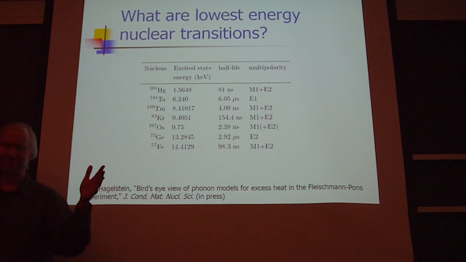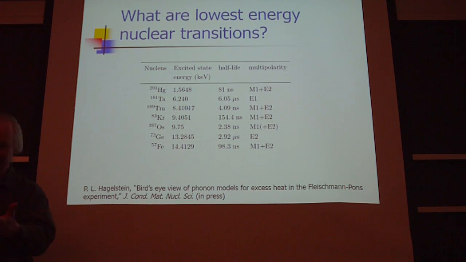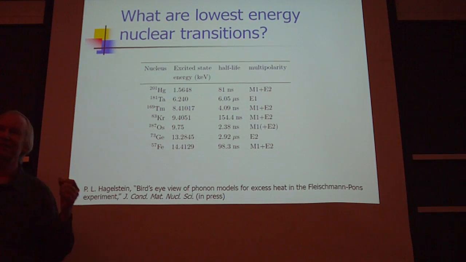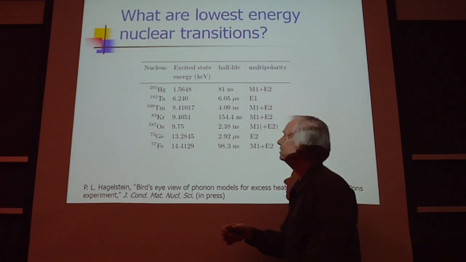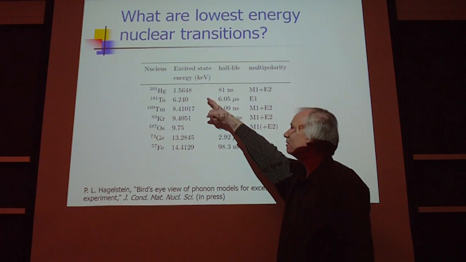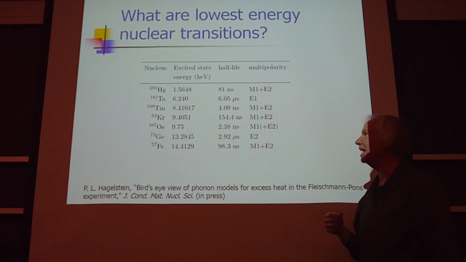So I started out in a big book, Lederer and Shirley, and I flipped through and looked at every single diagram for the nuclear structures, trying to find the lowest energy transition. And at some point I said, well, why not use the databases? So there's the NuDat2 database. You can log in, type in, find me transitions in this energy range, and find me the lowest ones for all the stable nuclei or isotopes. And here they are. So the lowest energy transition is in mercury 201, 1.56 keV.